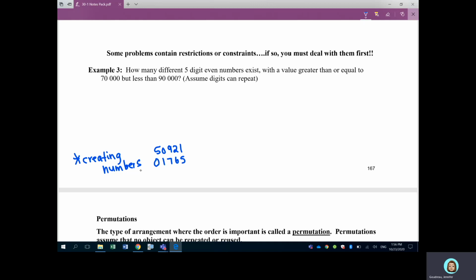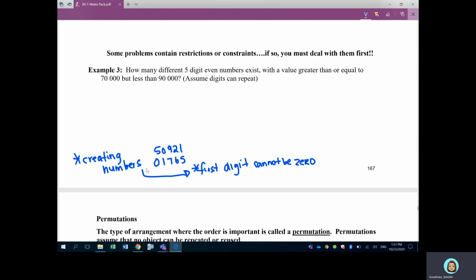So when we are creating numbers, there is automatically going to be a restriction, and that restriction is going to be that the first digit cannot be 0. Now, in this question, we've actually limited the first digit already, but in other questions that you might have, just keep this in mind that we will always have that restriction when we are creating numbers.